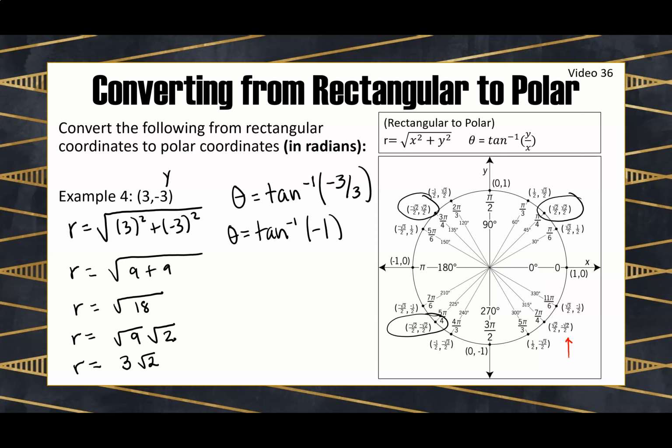And I want to just kind of convince you even more that this is the right angle by doing sine over cosine. So if I did the sine, which is the second coordinate, over the cosine, that's -√2 over 2 divided by √2 over 2. I got that cosine right there. So this is sine over cosine.